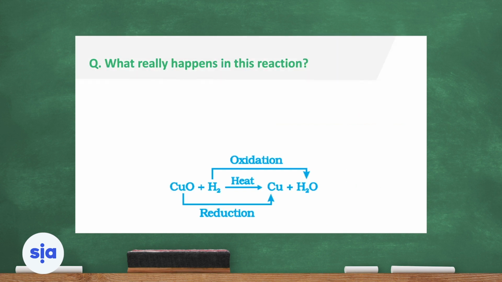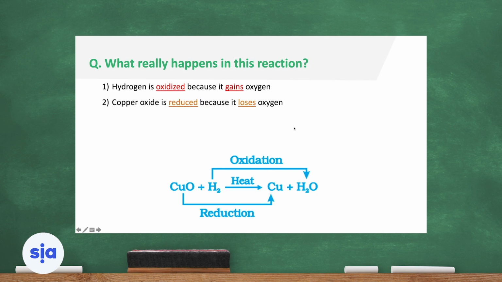What really happens in this reaction? Hydrogen is oxidized. Why oxidized? Because it gains oxygen. It becomes H2O instead of H2. So this is a process of oxidation, as if the reaction is composed of two processes. Number two, copper oxide is reduced because it loses oxygen.